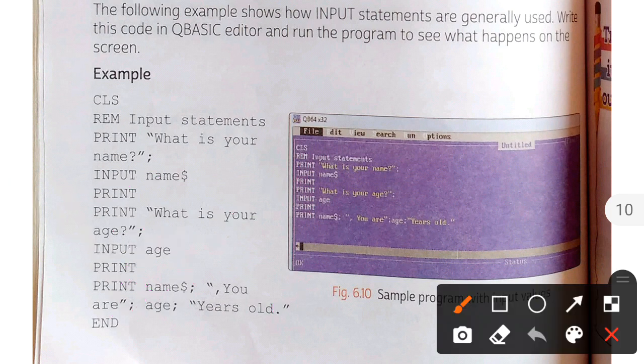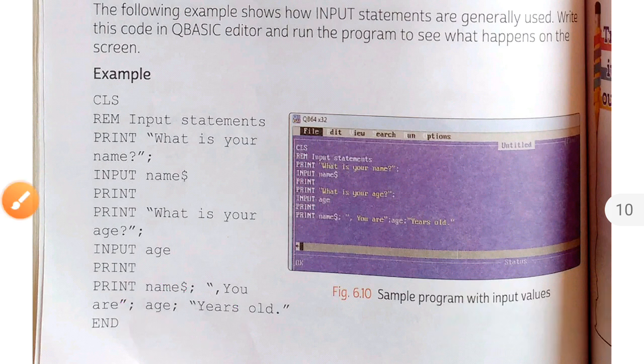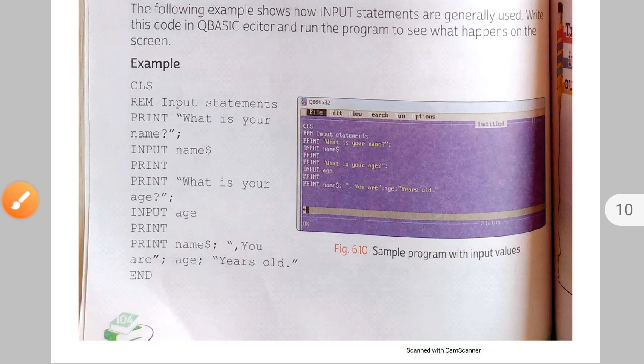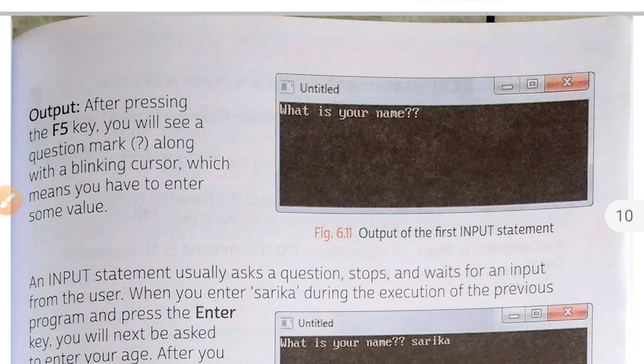We have previously discussed that by using a semicolon we remove the gap between two statements or two words. Let's see the output of these statements or commands that you have typed.